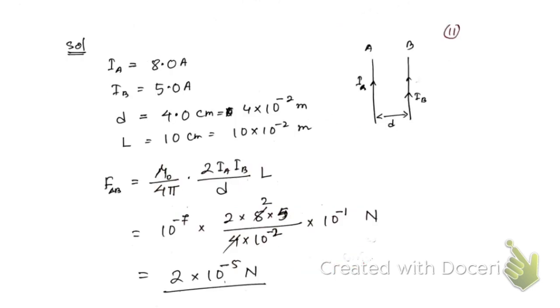So we know that the force exerted by these two wires on each other per unit length is given by mu naught by 4 pi into 2 IA IB by D, where IA and IB are the currents carried by conductors A and B. Here we need to find the force acting on a 10 centimeter portion of conductor A, so this L will be equal to 10 centimeter.